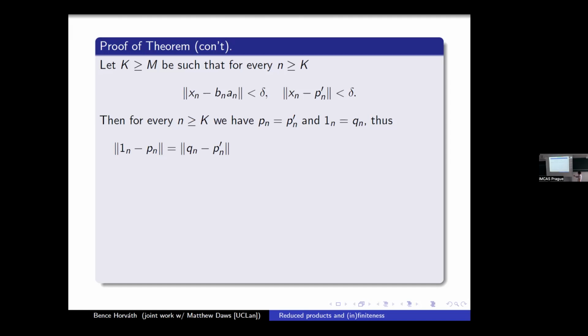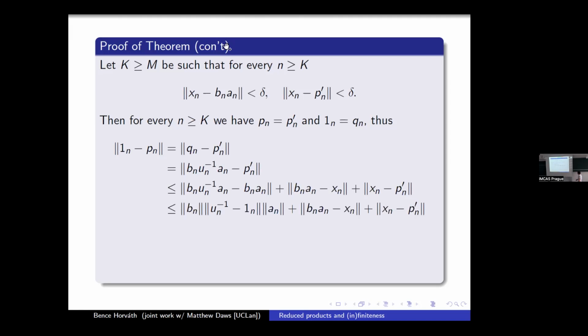So actually you do a series of bounds with the triangle inequality. This 1n is the Qn because of this, Pn is the Pn prime because of this. I plug in the definition of the Qns. You do the triangle inequality, you add this and subtract this, and add this and subtract this, and we have bounds of these things above. Here you take the Bn and the An out, you have a unit, so you can do that.